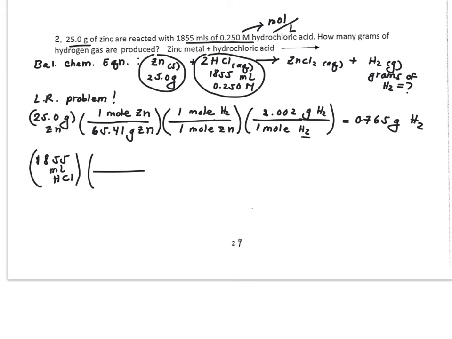So if we convert it to liters, we can use molarity later on. Okay, so if we multiply by the molarity, 0.250 molar is the same as, for every 1 liter of HCl, we have 0.250 moles of HCl.